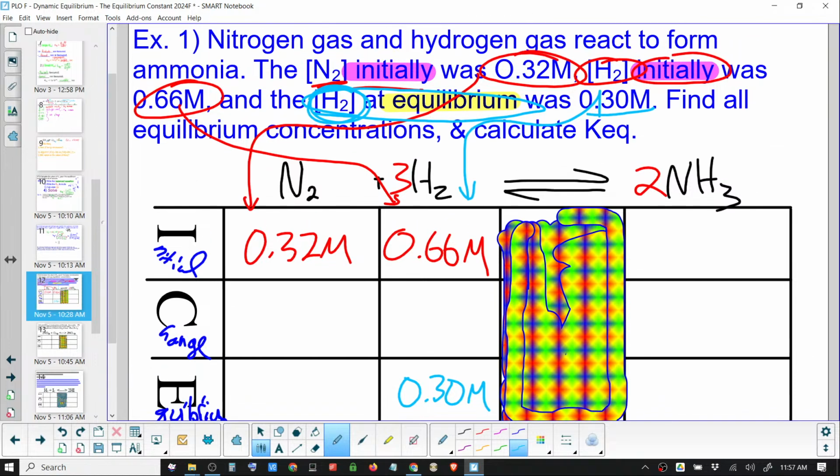What is the value? Well, we're missing an initial value, except I've said we know it. Nitrogen gas and hydrogen gas react to form ammonia. The concentration of N2 initially was this, and the H2 initially was this. What was the initial concentration of ammonia? That which is not done is often unseen.